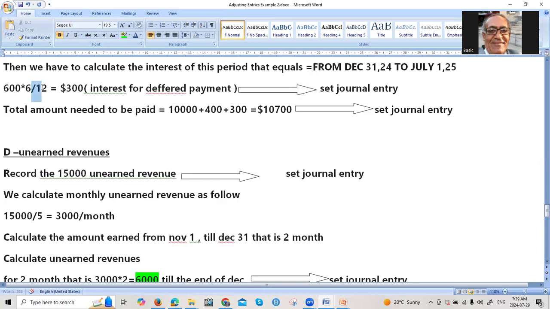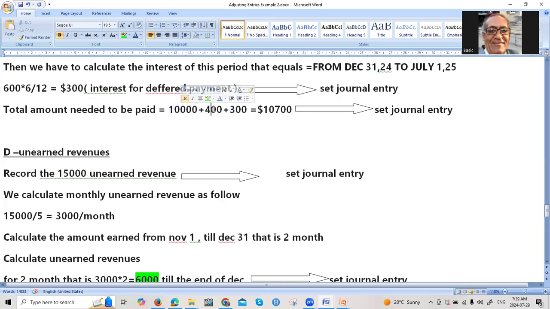So we'll pay 6 months out of 12, that will be 300. So the whole amount which he has to pay now is the money which he borrowed, plus the interest of the first portion of the year, plus the interest of the second portion of the year. The first one is the 10,000.